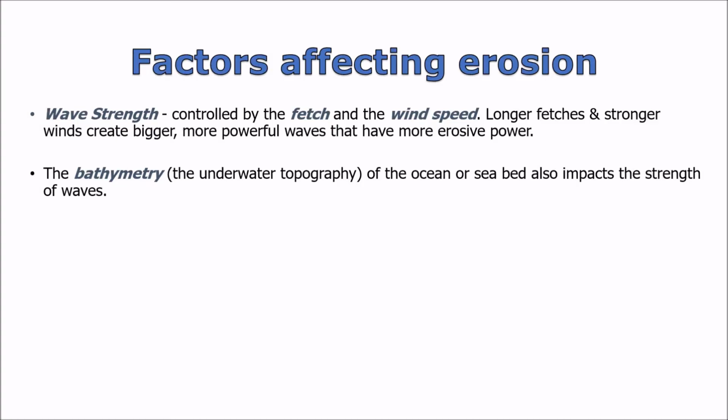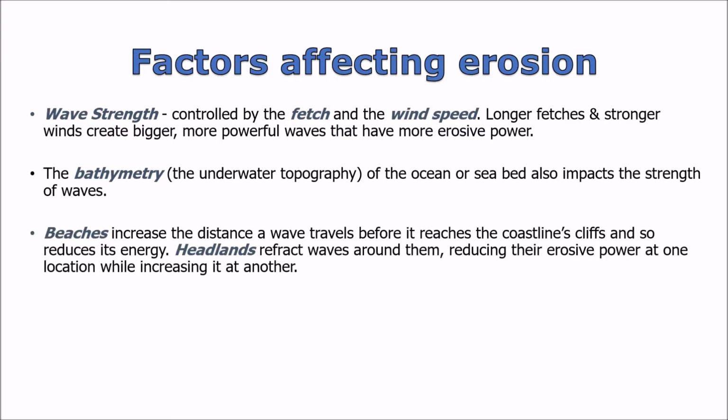And what that means is as the waves enter that inshore zone, they're going to slow down, they're going to experience friction with the seabed, and they're going to lose some of that energy before they actually hit the coastline. If, on the other hand, the seabed is quite steeply sloping, then that's going to mean that the waves aren't going to expend much of their energy before they actually reach the shoreline, and therefore will have more energy to direct at the rocks in the form of erosion.